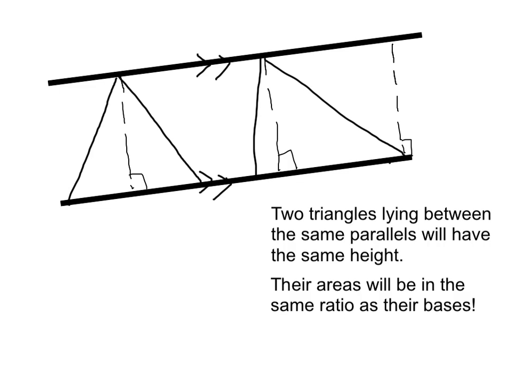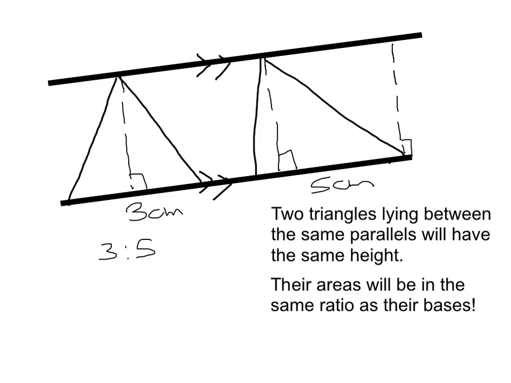What we can therefore say is that the areas of these two triangles will be in the same ratio as their bases. So if, for example, the first base is 3 centimeters and the second base is 5 centimeters, then the areas of these two triangles will be in the ratio 3:5.